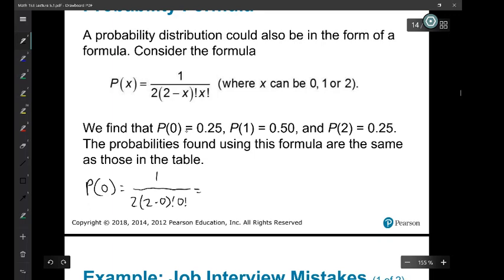Recall 0 factorial is 1. We have 1 over 2 times 2 factorial times 1, which is 1 over 2 times 2 times 1, which is 1/4.